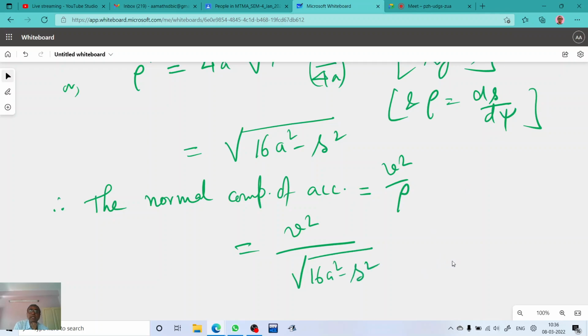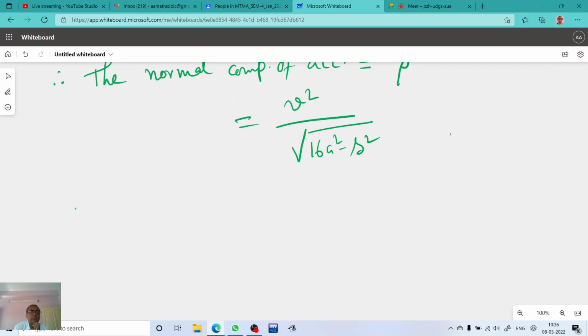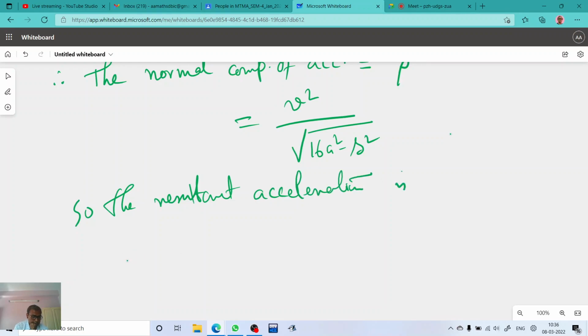So the resultant acceleration at any point s is the root of dv dt square plus v square by rho square.